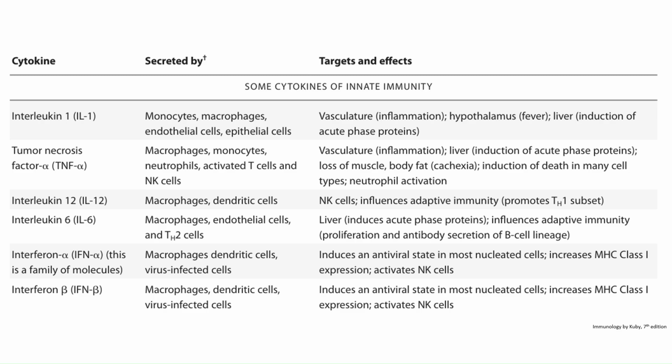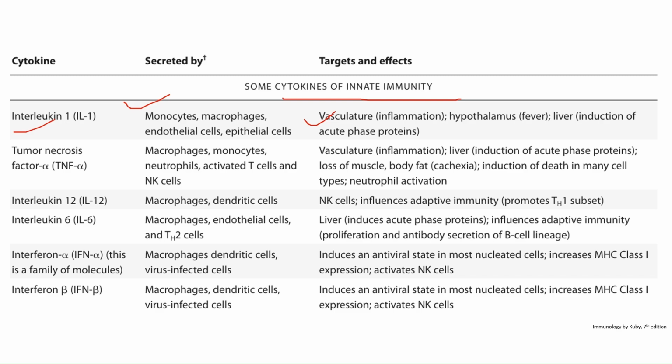So this table shows some cytokines of innate immunity. What it is giving? The name of the cytokines, the cells that secrete that cytokine, and the effect. So you can remember the table, no need to mug it up. Just in short, if you can remember, it is good. So all the names and the cells by which the cytokines are secreted and the target and the effect are given.